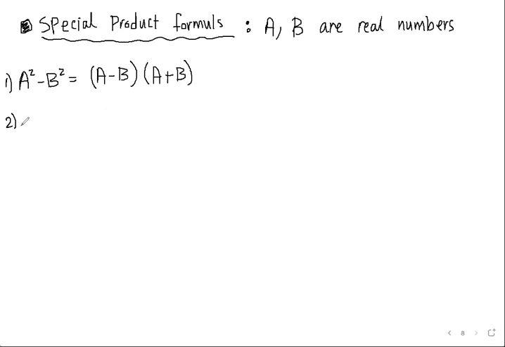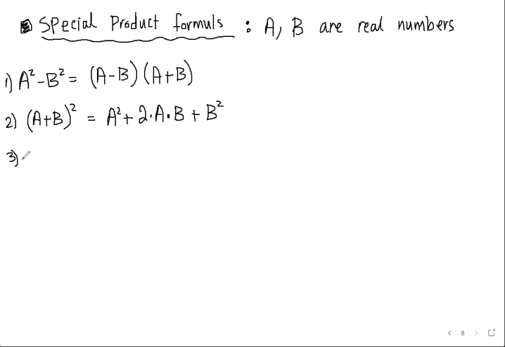Second thing you have to know: if I have A plus B all squared, this is equal to the first term squared plus 2 times the first term times the second term plus the second term squared.